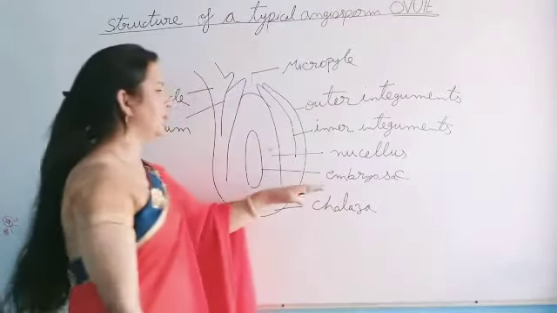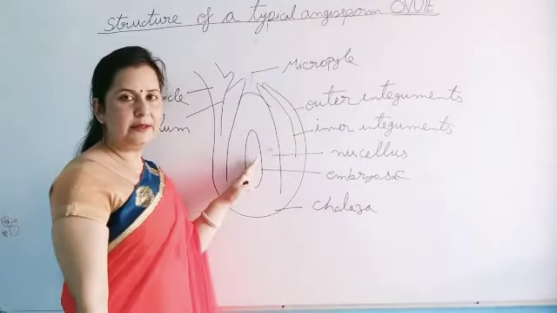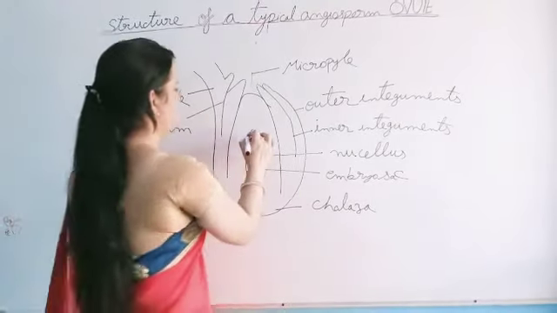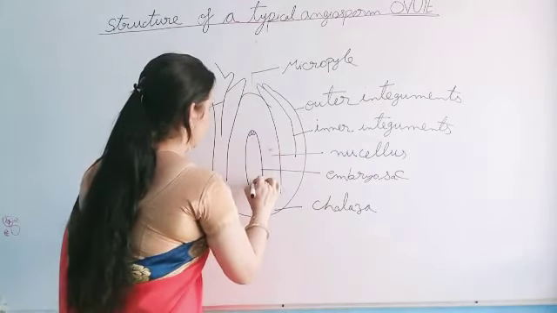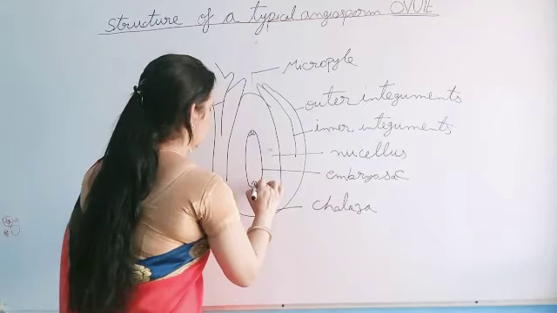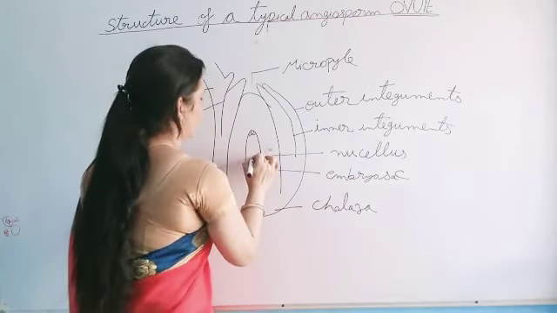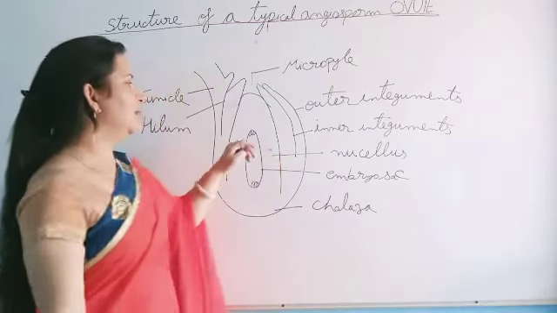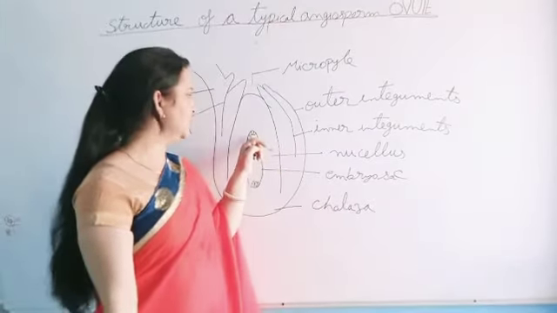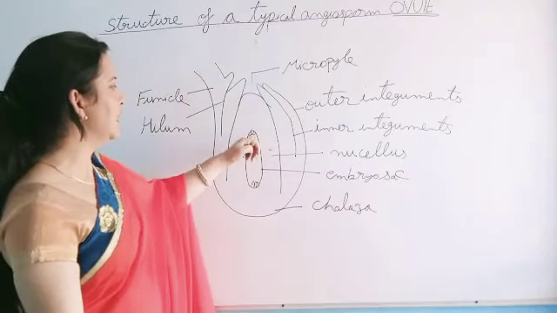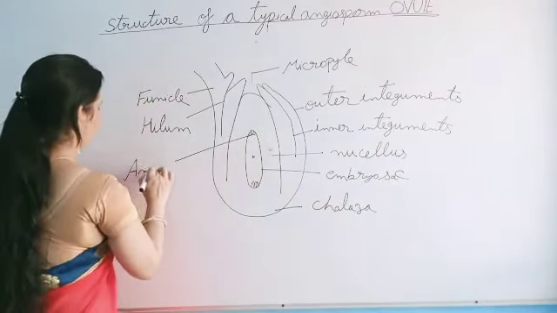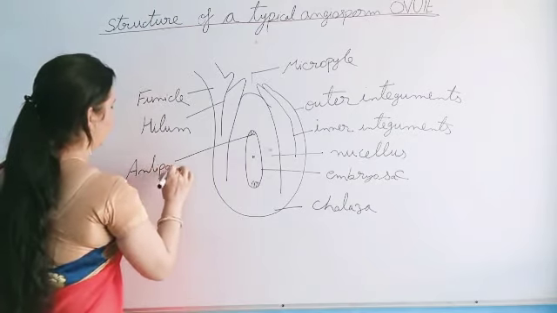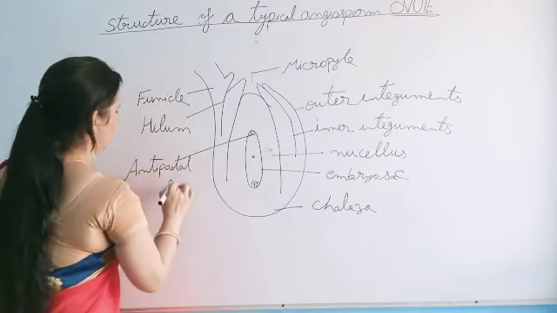In the ovule there are 8 cells, 3 cells on the upper side and 3 cells on the down side. And at the mid section there are 2 nuclei. The upper cells are called the antipodal cells.